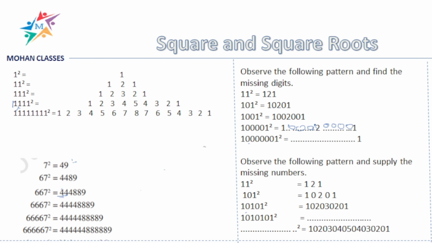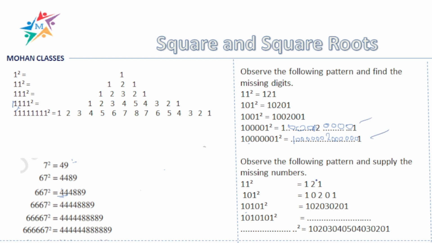Okay? Here 1, 0 is there. So here what will happen? 1, 2, 3, 4, 5, 6. So that means 1, 1, 2, 3, 4, 5, 6. So this is the missing pattern we can write.